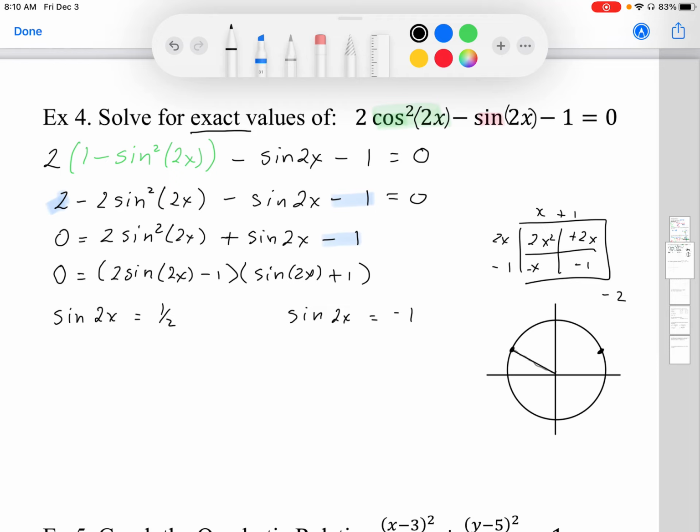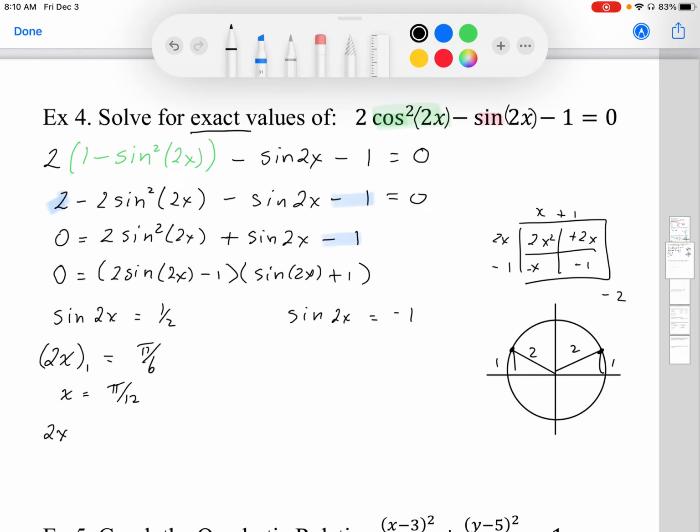So we know it's going to be in these two positions. That's going to be our positive 1 over 2 in this quadrant. So the 2x angle, our theta 1, is going to be in quadrant 1. So that's going to be pi over 6. And then solving for x, we get pi over 12.